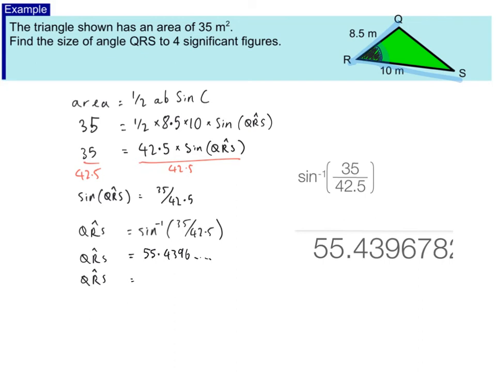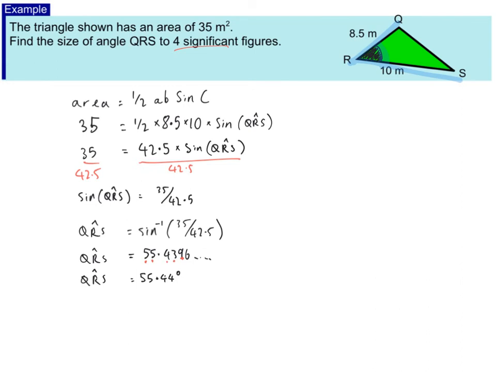And I can just go ahead and round it off. So 4 significant figures, 55.43, and the 9 is going to force me to round this up. So that's 55.44. We found an angle, so that will be in degrees. So 55.4 degrees, that's one of our acute solutions.